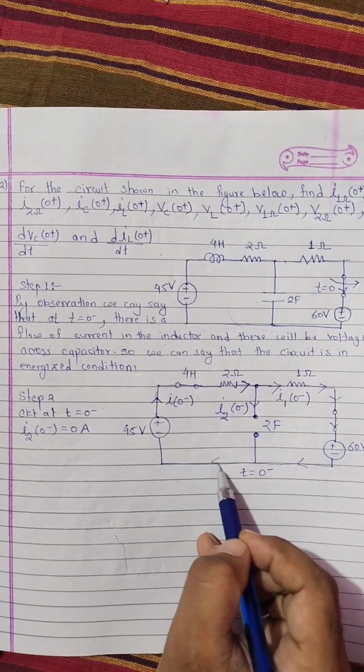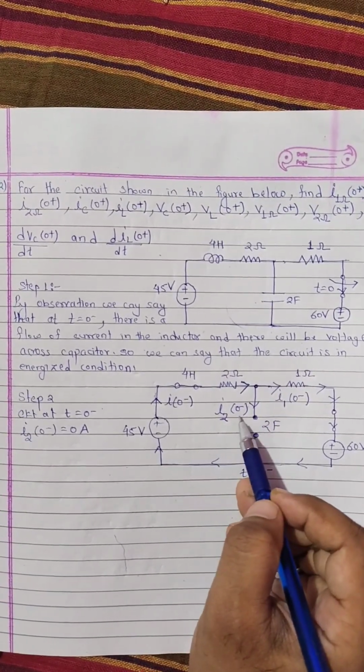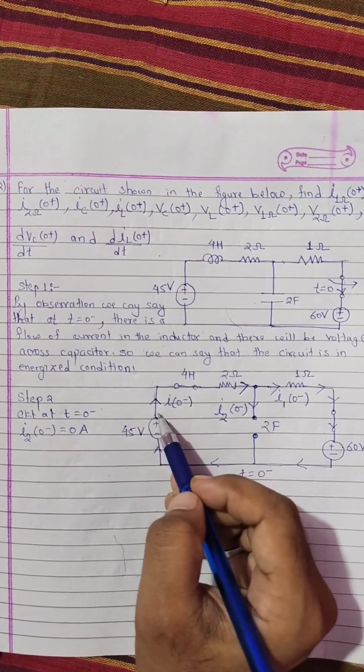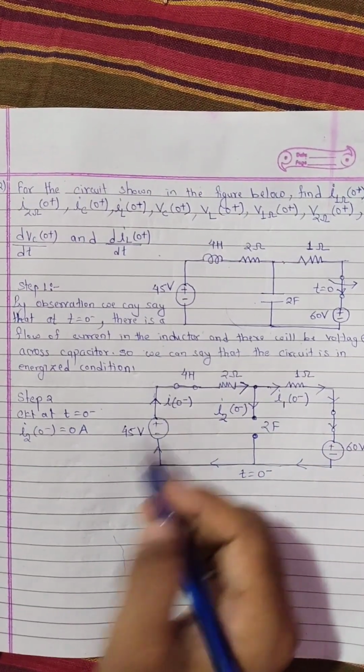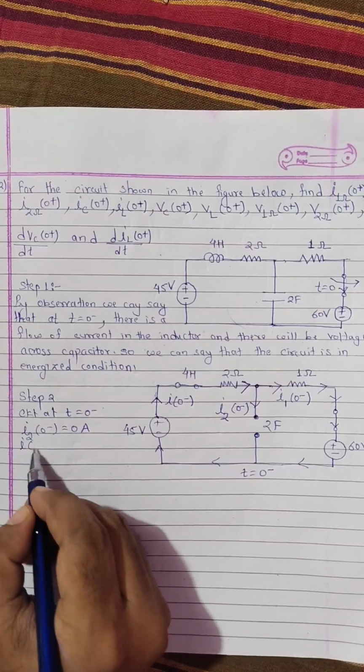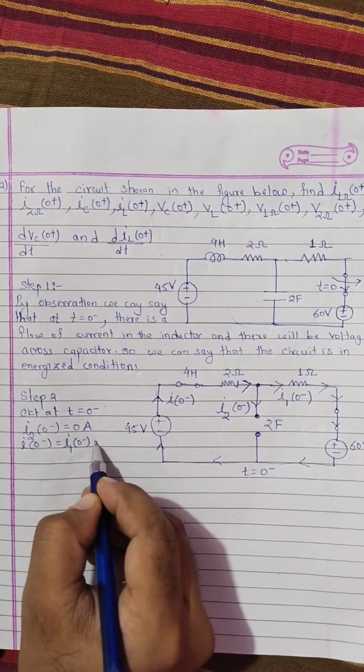Since there is no current in the other branch, I20 minus being 0 ampere, I0 minus will be equal to I10 minus.